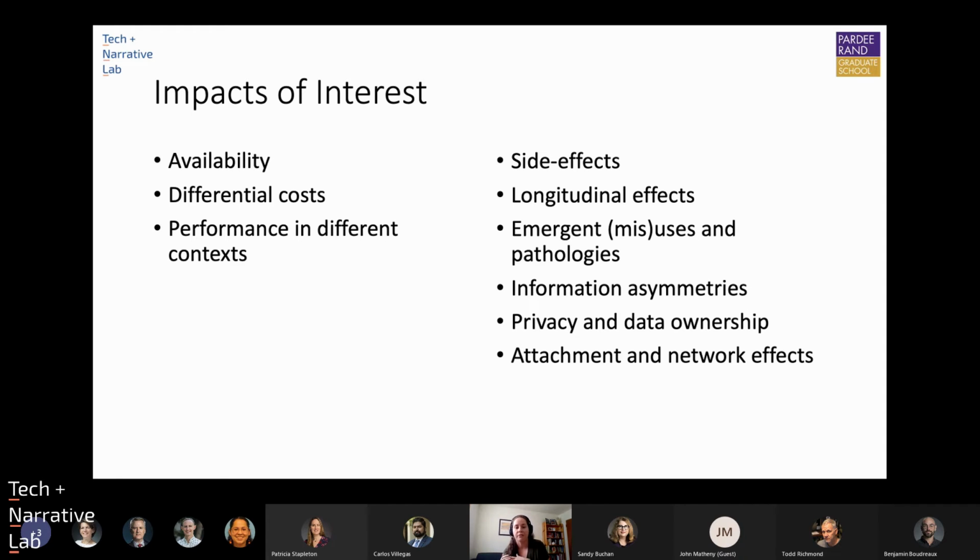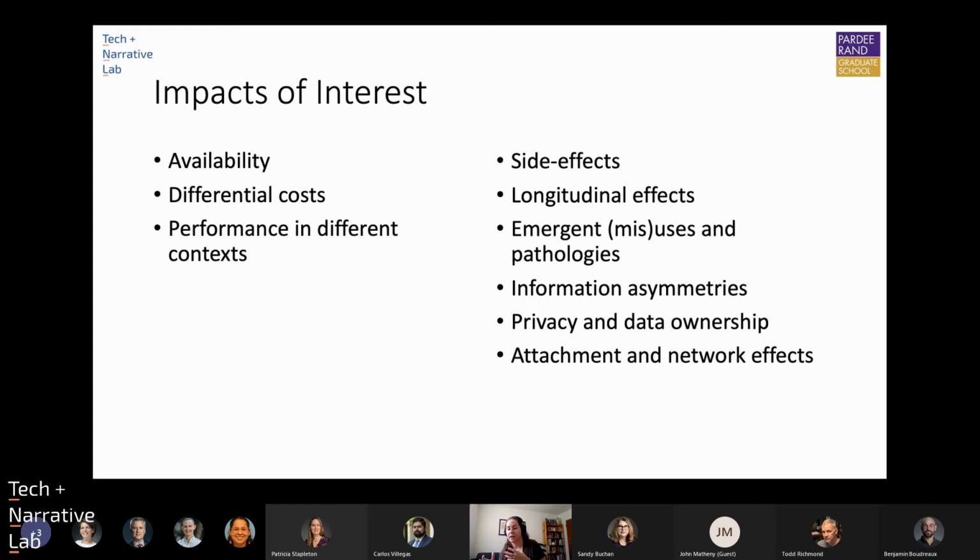And then in the other group, we have side effects of the technology, unexpected uses, emergent misuses, or as I mentioned previously, some of these more long-term longitudinal effects of a technology, information asymmetries, which has a lot to do also with privacy and data ownership.